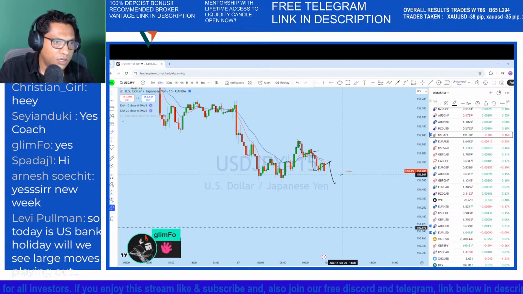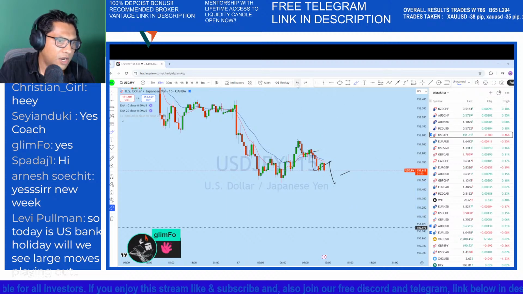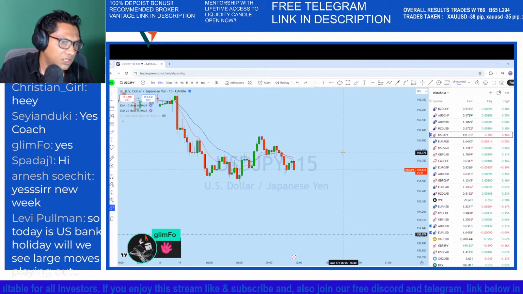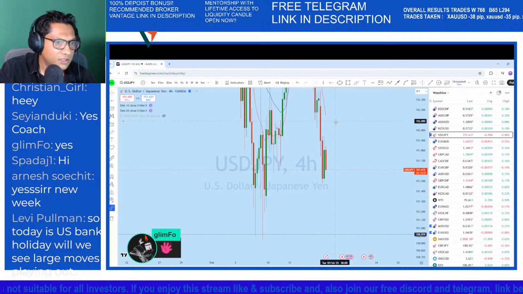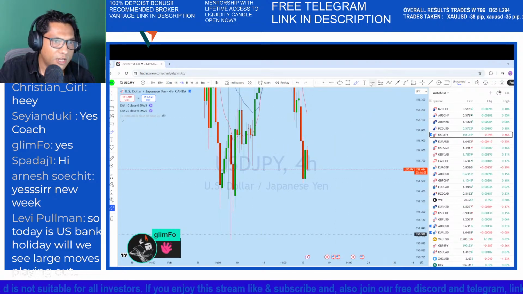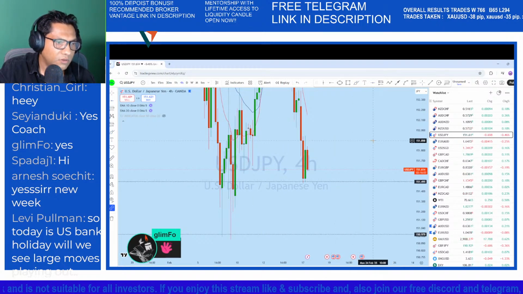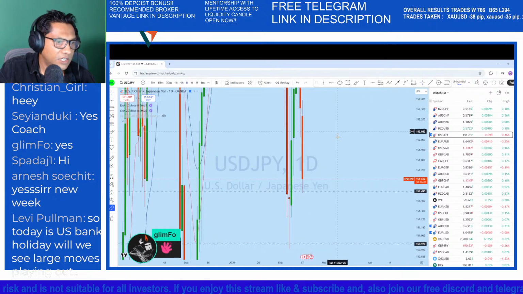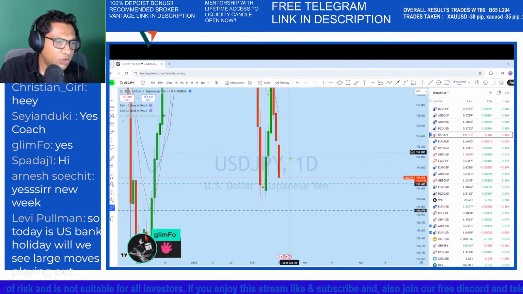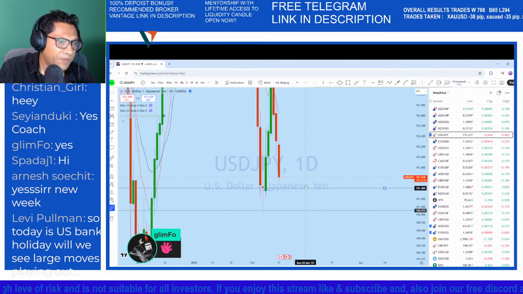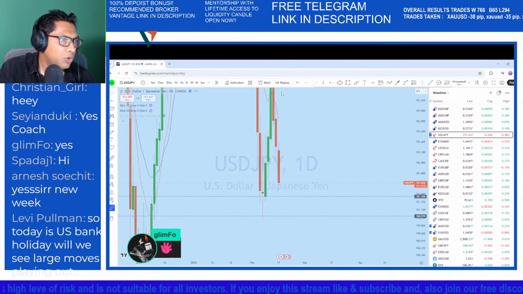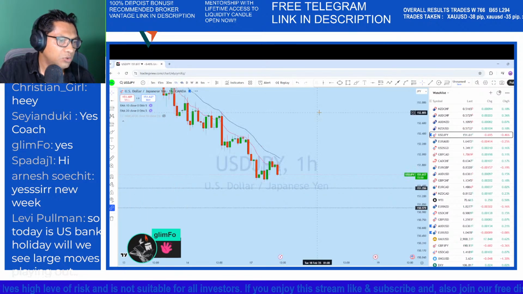Looking at the 4-hour time frame, we can see the market approaching that support level, and on the daily price, we can see dollar yen is in fact in a very strong downtrend, and we expect it to come back to that support level where there is high liquidity.